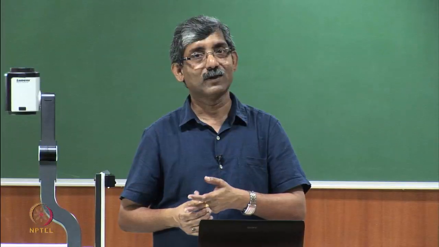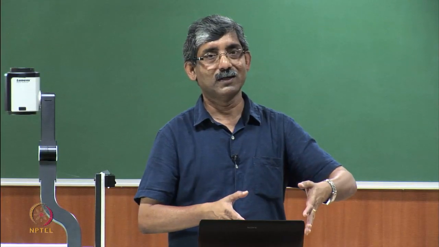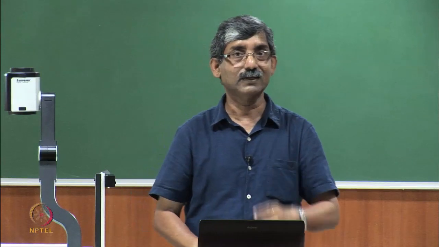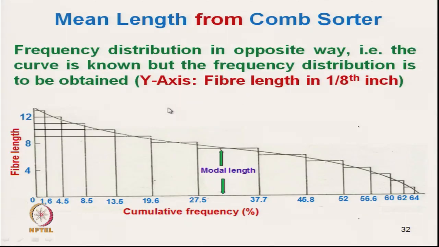In the normal case, we know the frequency distribution, and from that we plot the curve, such as a histogram or different types of curves. But here our curve is known.